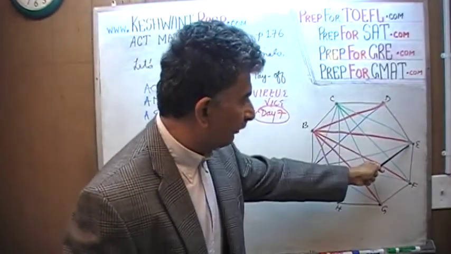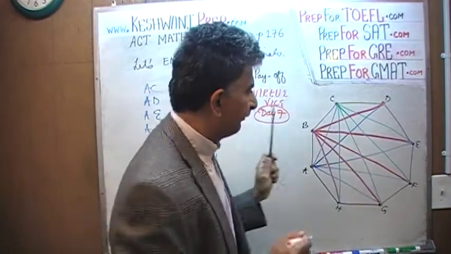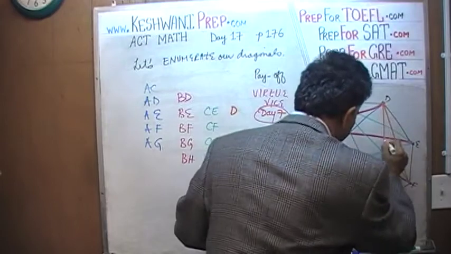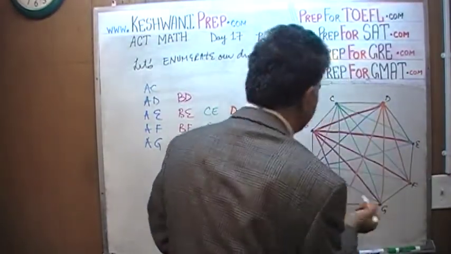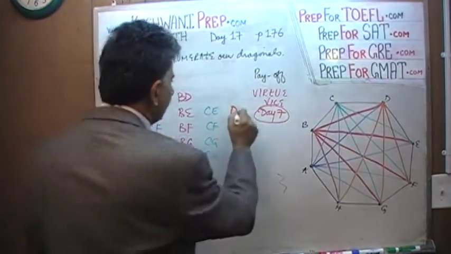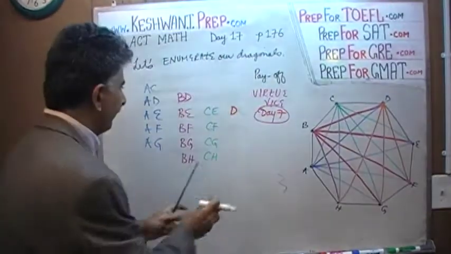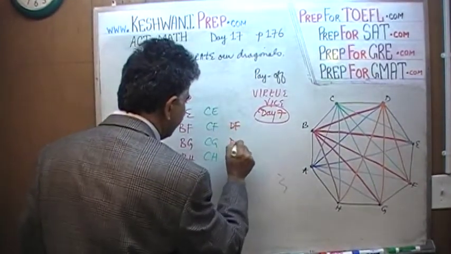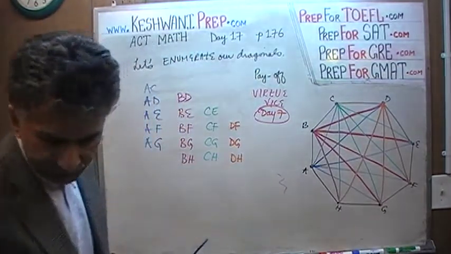DE is not going to count because it's one of the sides of the octagon. The story is going to begin with DF. DF, DG, DH, and that's it.